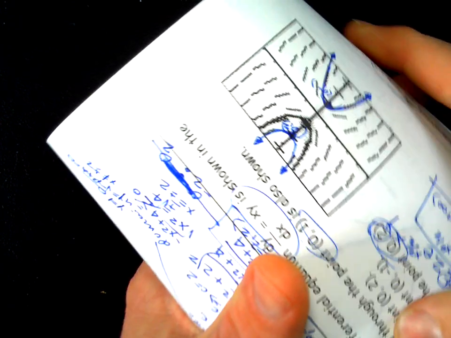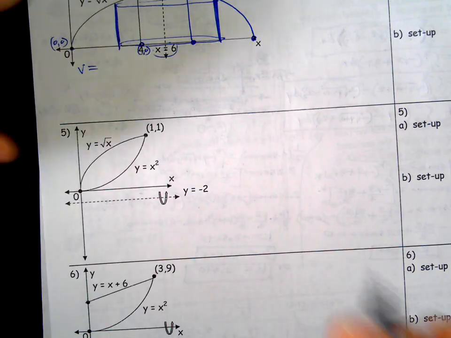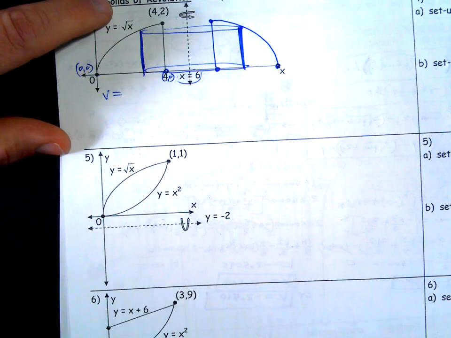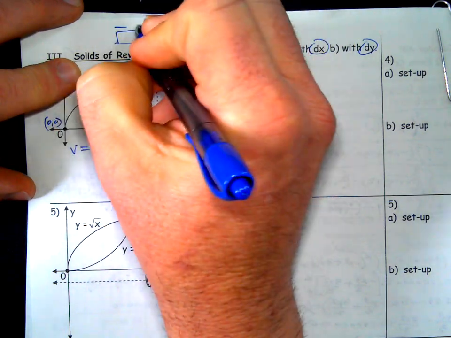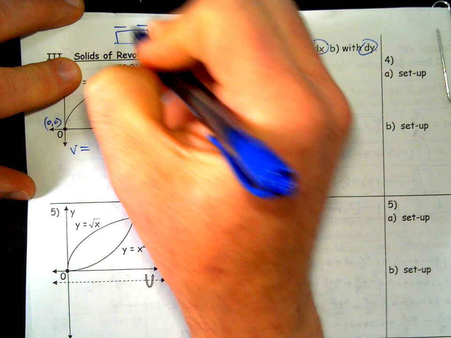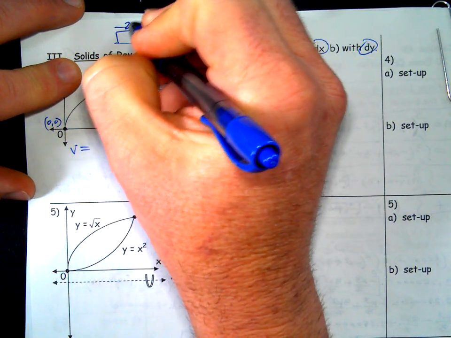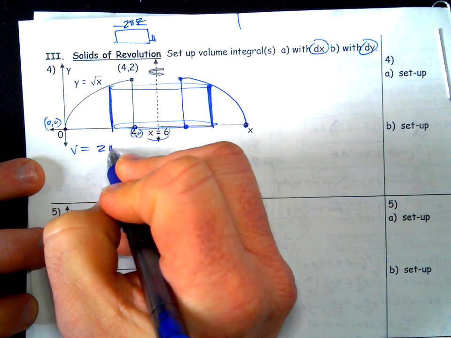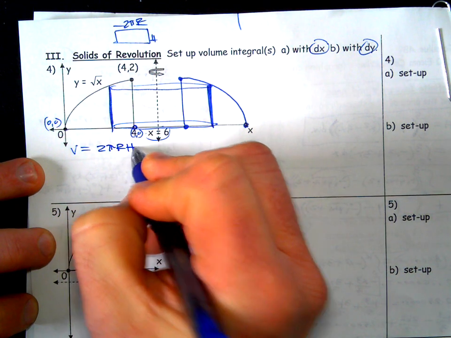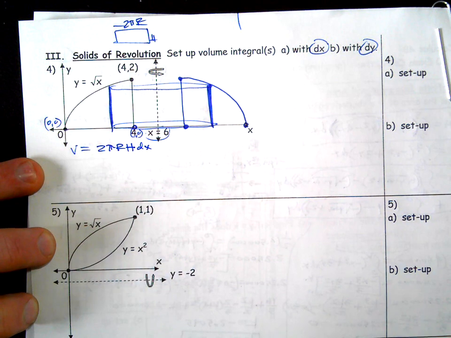If you cut it open, it's a rectangle. The height of the rectangle is the height of the shell. The other dimension of the rectangle is the circumference, 2 pi r, of the shell. So it's going to be 2 pi r h, and the thickness is going to be dx. So that's your general setup.